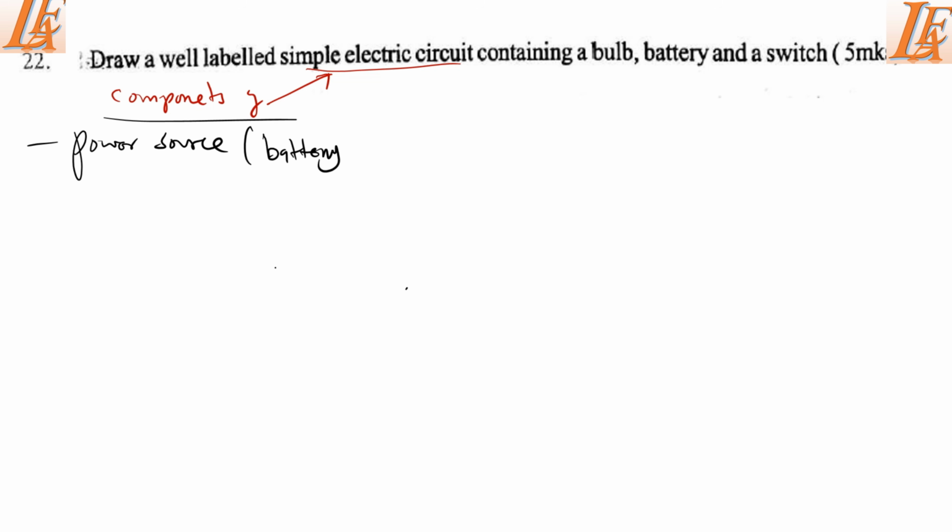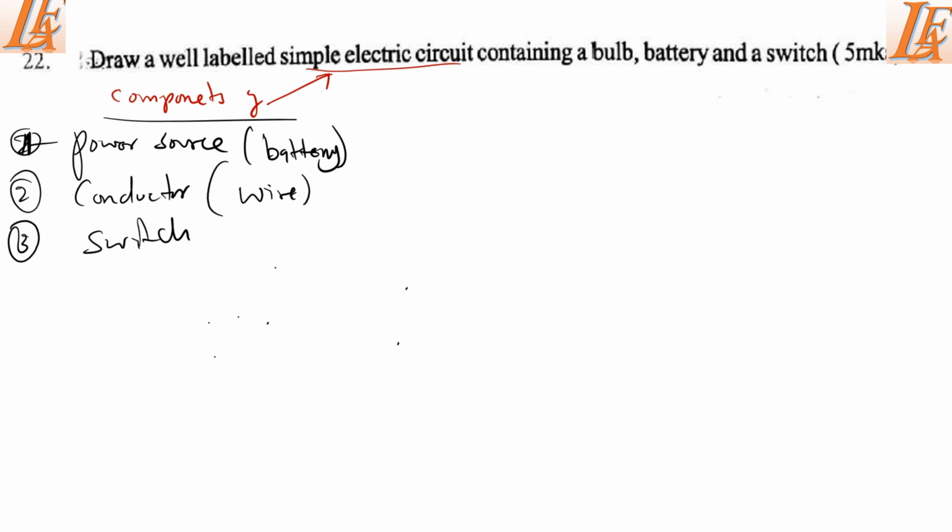The second component of a simple electric circuit is a conductor. In this case, we're going to use a wire. The third thing it must have is a switch. The fourth one that a simple electric circuit must have is what we call a load.